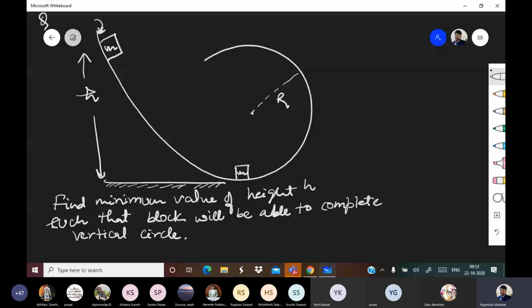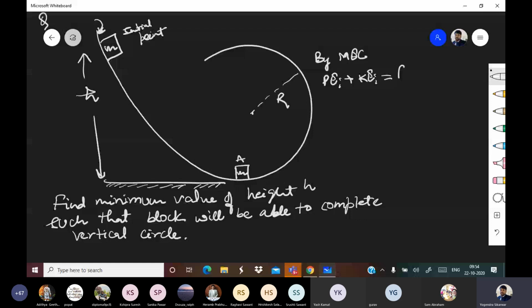Let's say this is the initial point and this is point A. By MEC between the initial point and A, PE initial plus KE initial is equal to PEA plus KEA.